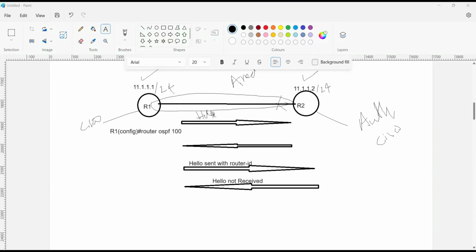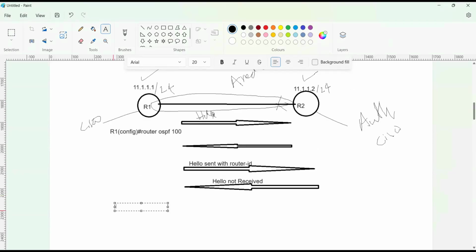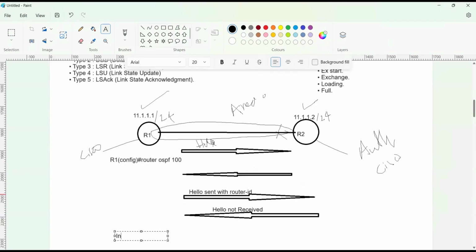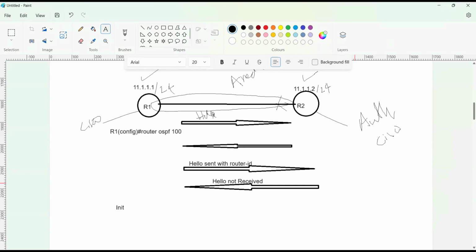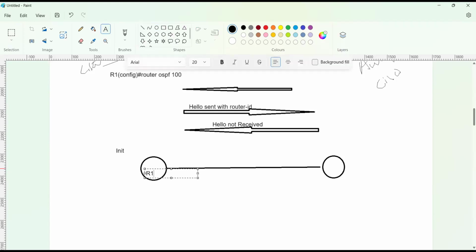Now moving to the init state: R1 and R2 are connected, R1 is sending its router ID and R2 is also sending its router ID. In the router ID, how will we configure it mainly?